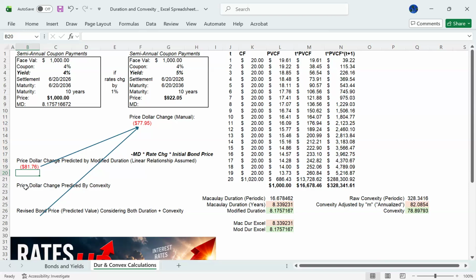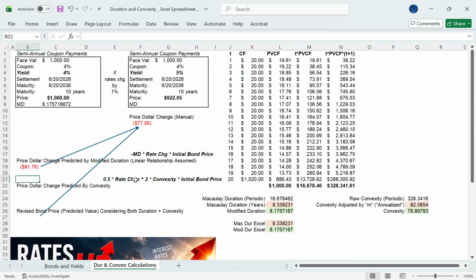Now what about convexity? The adjustment is a little different. It would be 0.5 times the change in the rate squared, times convexity, times the initial bond price. Let's move this a little bit. There we go.